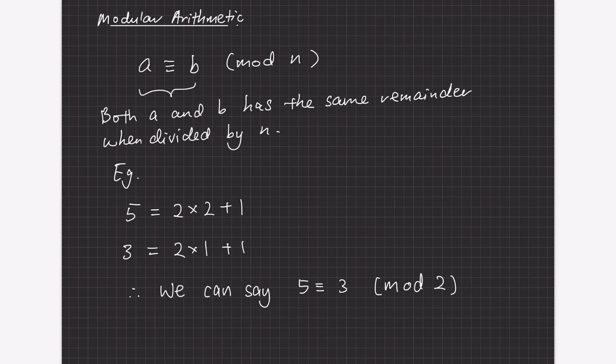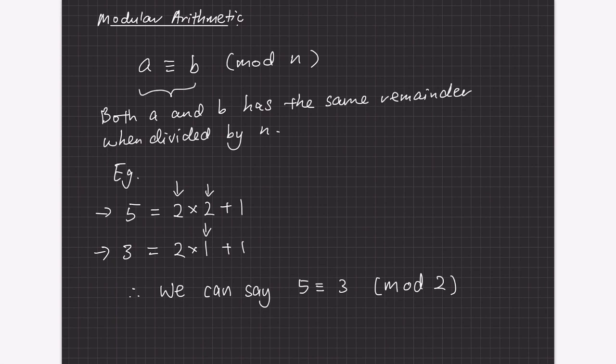So let's use actual numbers to help us understand this a little bit before we talk further. We have, for example, the number 5 and 3 as you see below. If I consider the division algorithm where I divide both numbers by the same divisor of 2, I'm going to get a quotient of 2 if I divide 5 by 2, and a quotient of 1 if I divide 3 by 2.